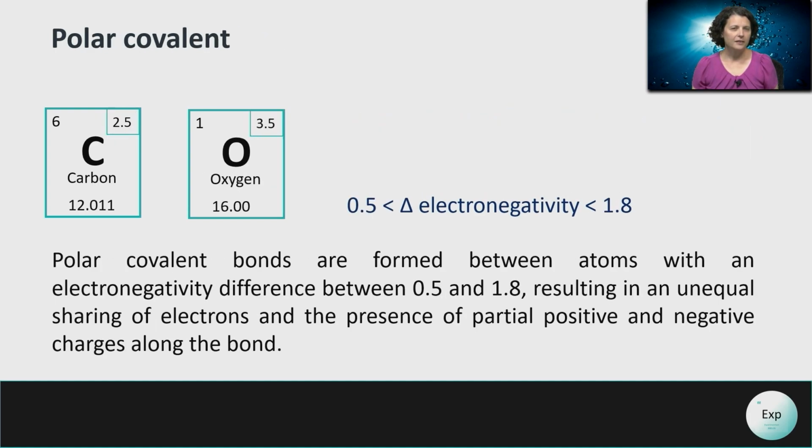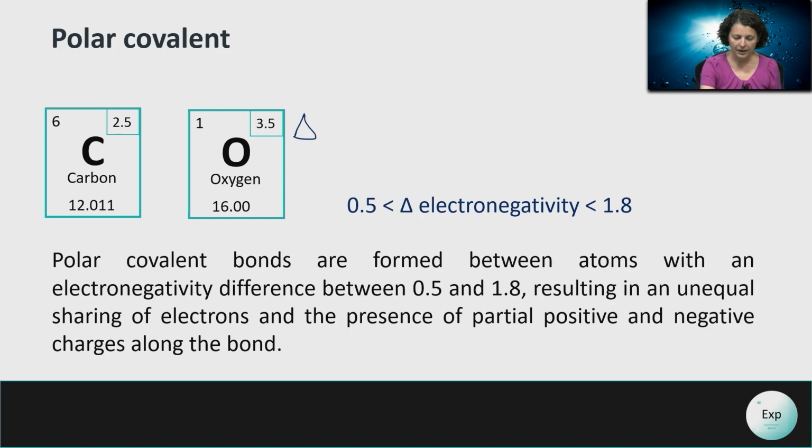If the electronegativity value difference increases to above 0.5, then we call the bond polar covalent. And here we have carbon and oxygen. Carbon has an electronegativity value of 2.5. Oxygen has an electronegativity value of 3.5.